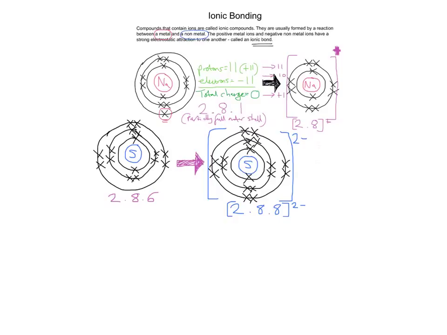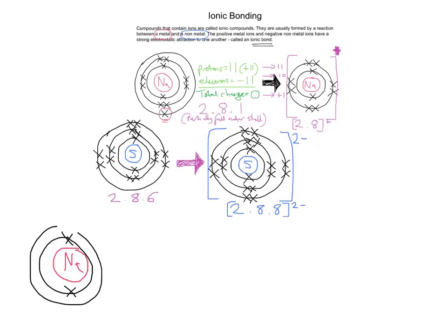So let's go from the top, and we'll put in at the bottom here Na, and we've said that there were 2 around the outside, then 8, and then a final shell. We said that shell had just 1 electron.